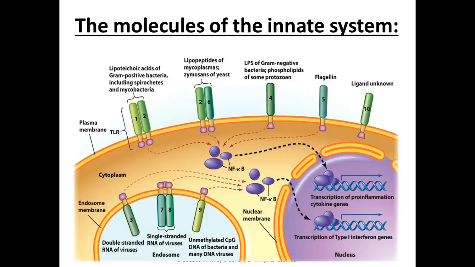We modify our DNA in a particular way. We methylate it, so that we can tell that it's the old stuff versus the new stuff we're making. So if it's not methylated, it's probably not us. It's not our stuff. So in this case, again, we're going to send that signal to the nucleus.